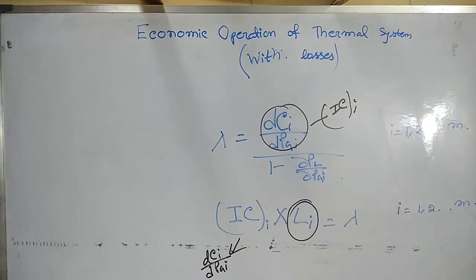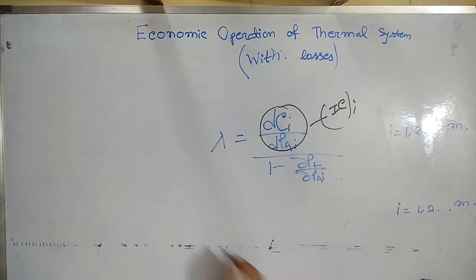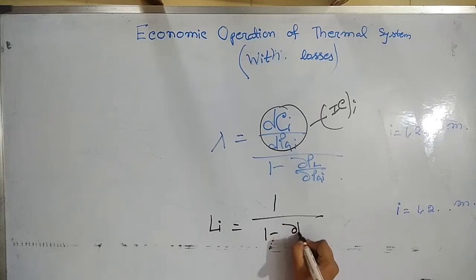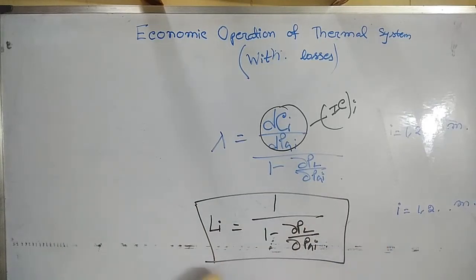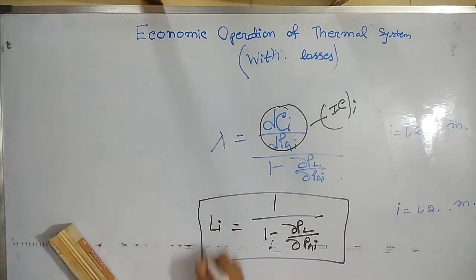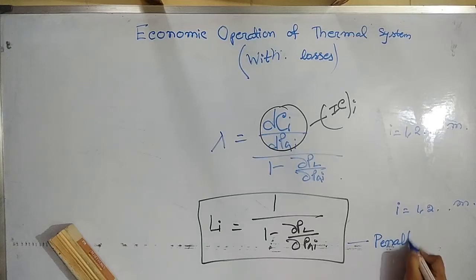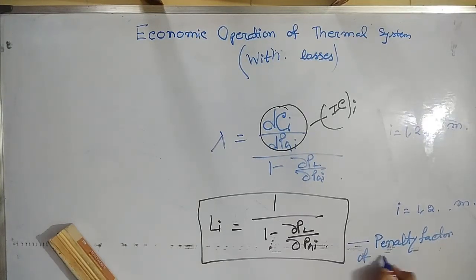And the penalty factor can be written as Li equals 1 by 1 minus delta PL by delta PGI. This is the penalty factor of the ith unit.